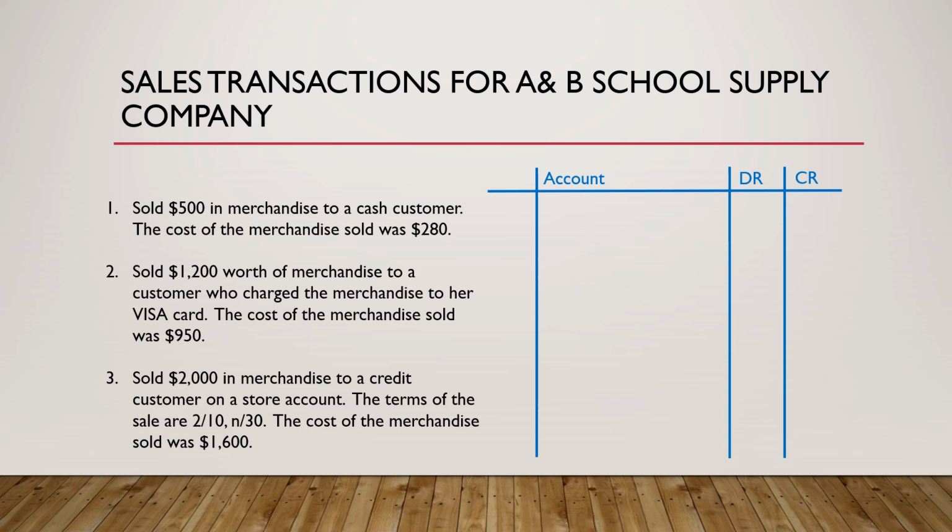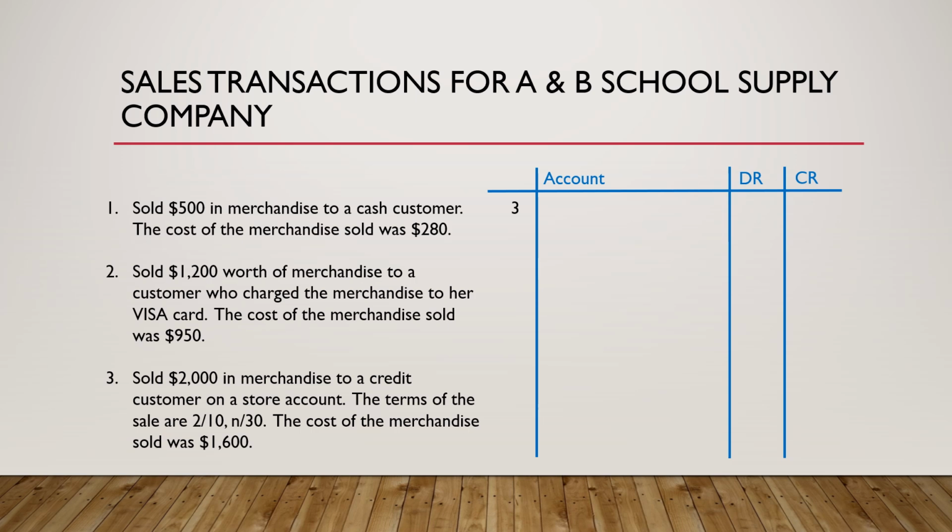Lastly, transaction 3. A and B sold $2,000 in merchandise to a credit customer on a store account. The terms of the sale are 2/10 net 30. The cost of merchandise sold was $1,600.